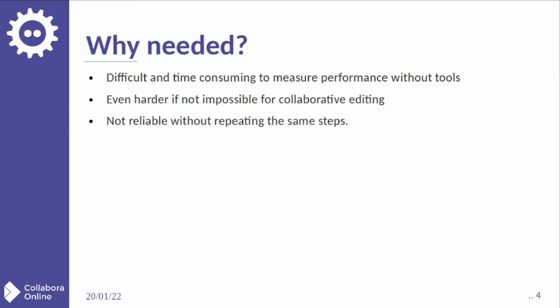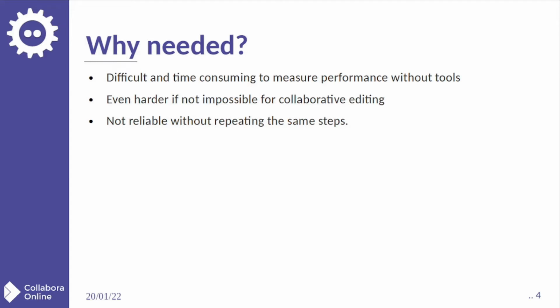So the results would not be reliable because we may not be able to repeat the exact same steps as a software would do. Also, the hardware would be different for everybody. Therefore, we need a repeatable test environment with known hardware and reliable numbers, because to see the real problem, the process should be exact and so should the results.